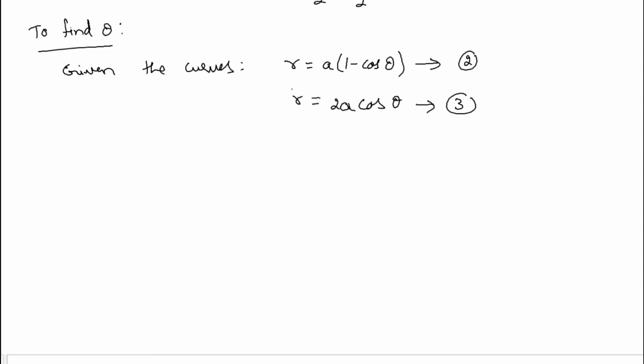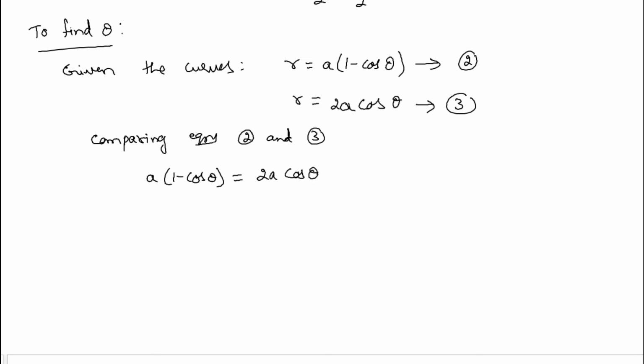If we observe the left hand side, they are equal. Therefore, we'll equate the right hand side values. So comparing equations 2 and 3, we get the right hand side of equation 2 to be a into 1 minus cos theta. The right hand side of equation 3 will be 2a cos theta. Observe here, a will cancel out. So we have 1 minus cos theta on the left hand side, and on the right hand side we have 2 cos theta.